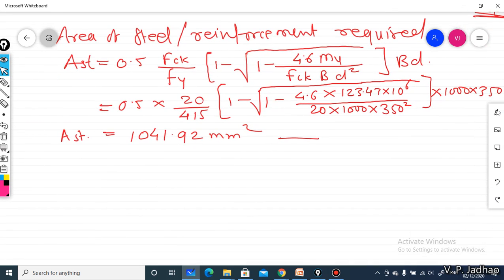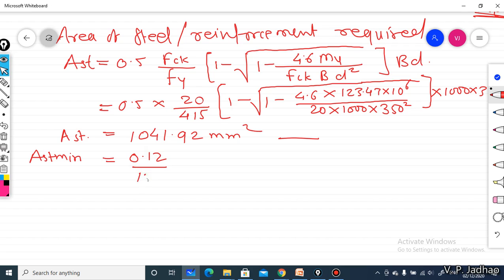Now we have to check whether the steel required to be provided is more than Ast minimum. The formula for calculating Ast minimum is 0.12% of cross sectional area.